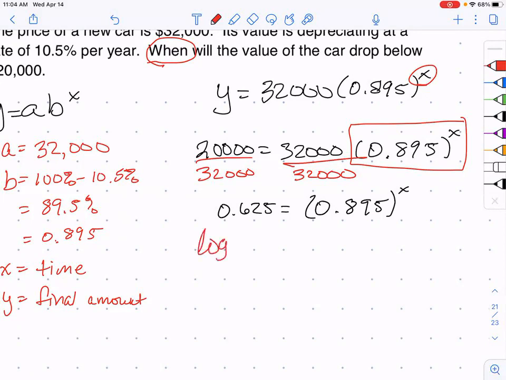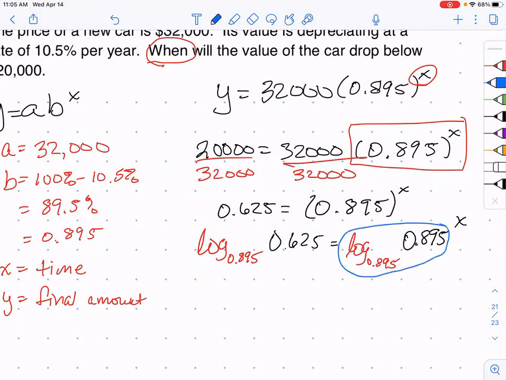Log, write the base really small as a subscript, 0.895 of 0.625 equals log with base 0.895 of 0.895 to the x power. And the reason for doing that is what happens here. So the answer is x.